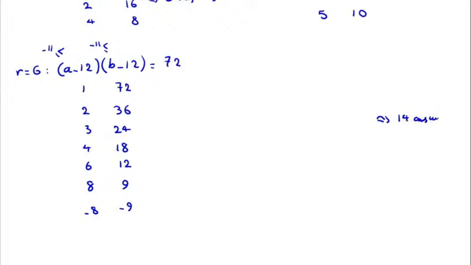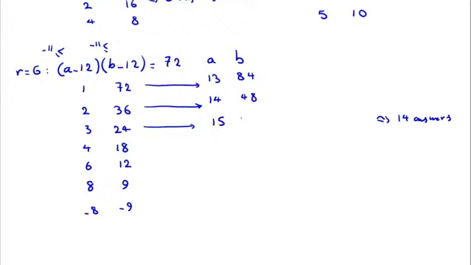So here we understand our 6 is good, but we should find C1, C14, and C is what. So first, I should find AB. You should add 12 to each of them. 13, 84. It will be 14, the next one, and then 12, 48.